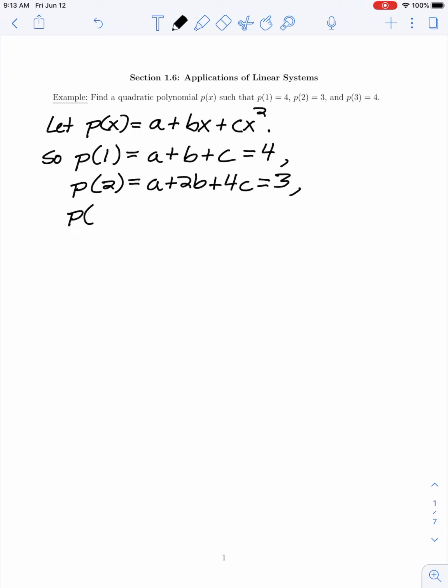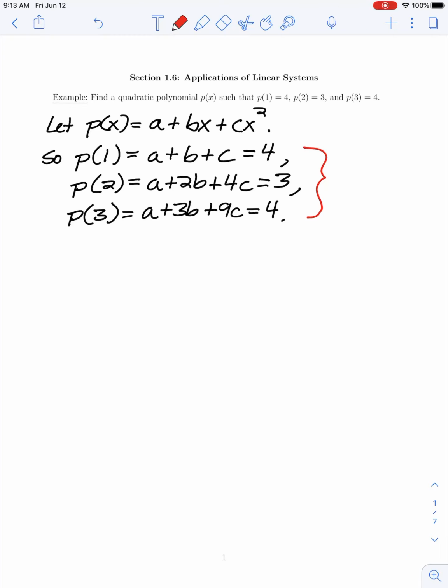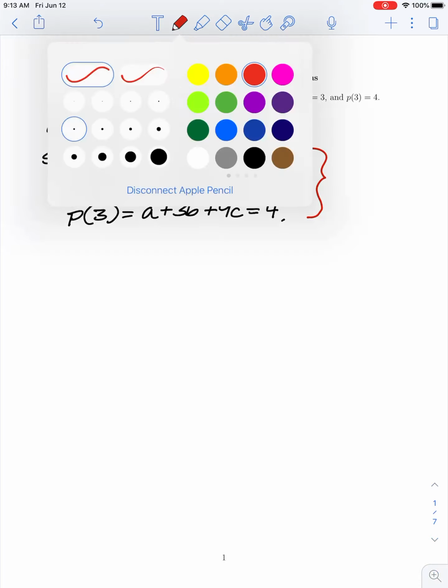And p of 3 has to be 4. So plugging in 3 for x, we have a plus 3b plus 9c is equal to 4. So what we have here is a system of 3 linear equations in 3 unknowns. Let's see if we can solve this system.